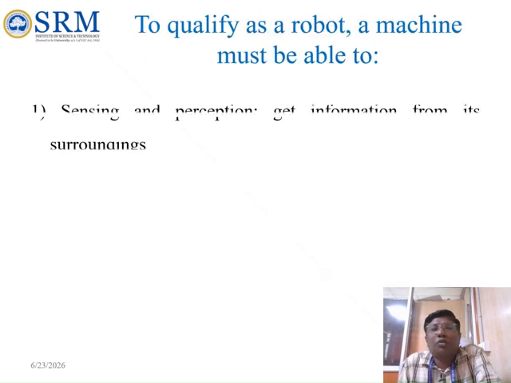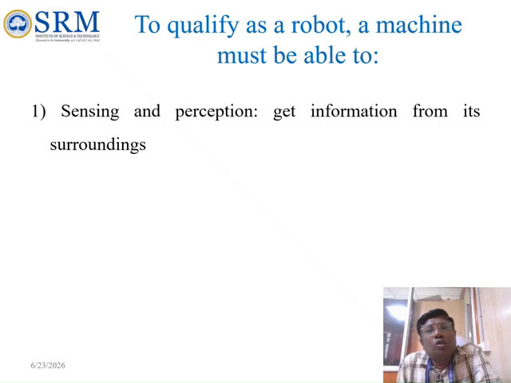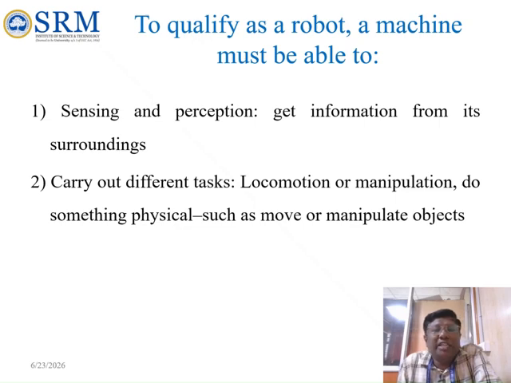To qualify as a robot, it should have sensing and perception. Sensing means getting some information, and perception means converting that information into a useful form and carrying out different tasks. Carrying out tasks means locomotion or manipulation, doing something physical such as moving a manipulated object.